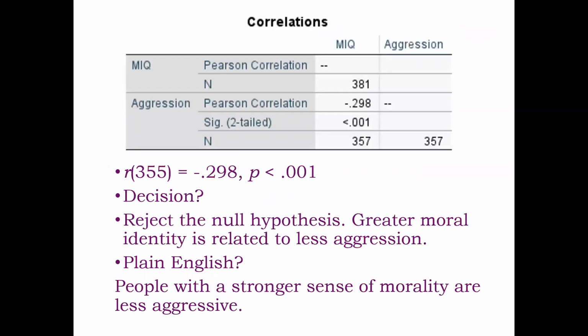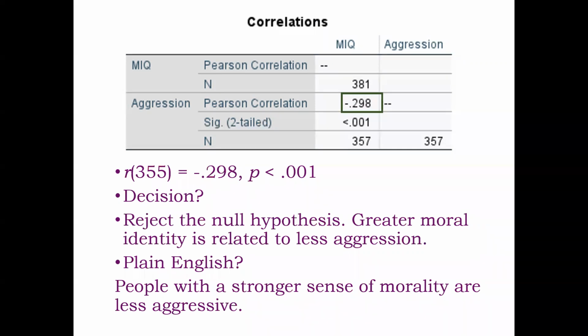Here we have the output we've seen very frequently. We have a correlation of negative 0.298. And here you can see the output from SPSS. We can see that it says sig, that's for significance, for a two-tailed test. Remember, you can set SPSS to do a two-tail or one-tail test. It's less than 0.001.